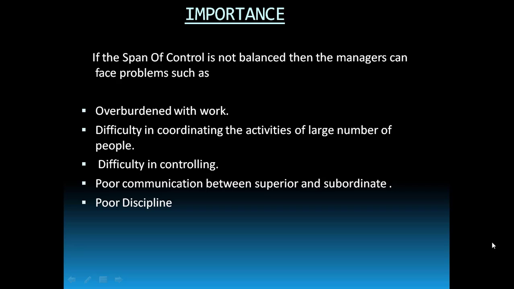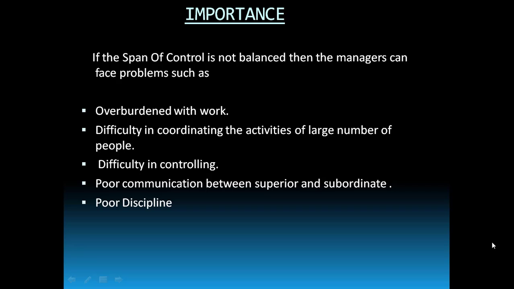Now here, if the span of control is not balanced, it means the number of employees under the manager is not as per the characteristics of the manager. So what will happen? He will not be able to manage, whether it is lesser or more. So there will be very poor communication between the superior and subordinates.